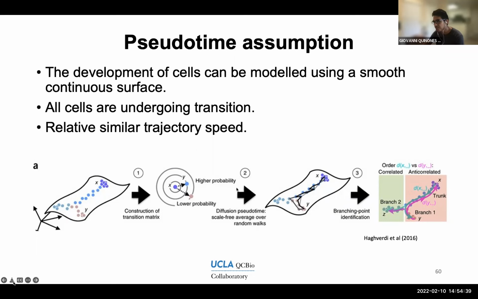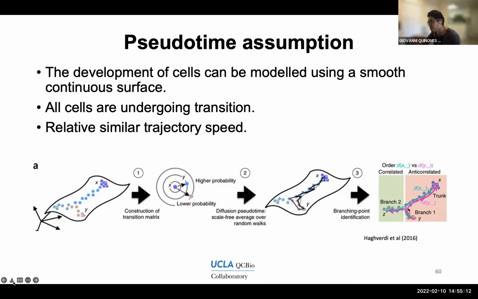Finally, based on this transition matrix, this graph structure that you generate, the algorithm will try to figure out the best path throughout the data points, what path makes the most sense based on these edges and the overall shape of your data set. And eventually, it will perform this branching point identification.